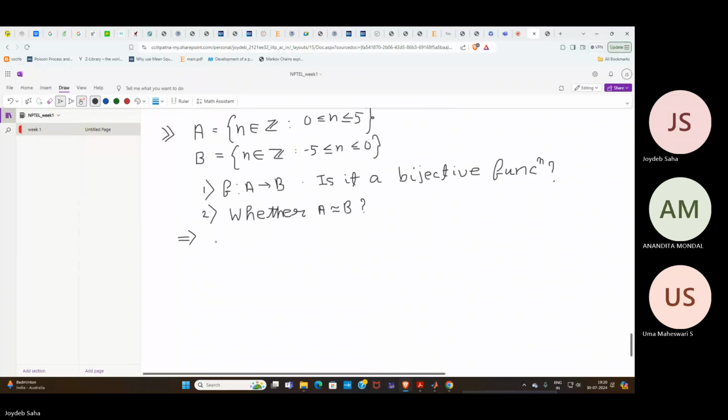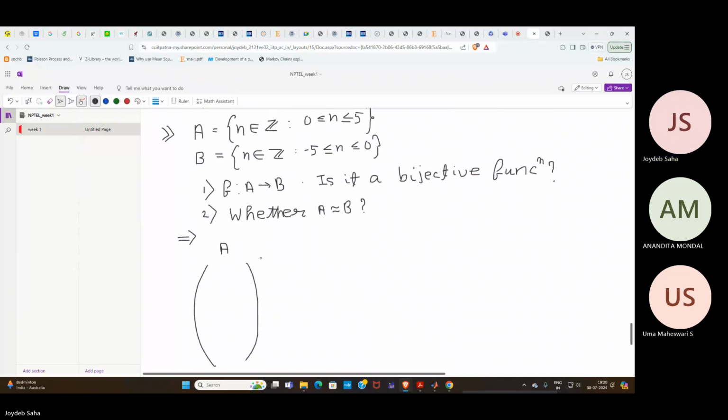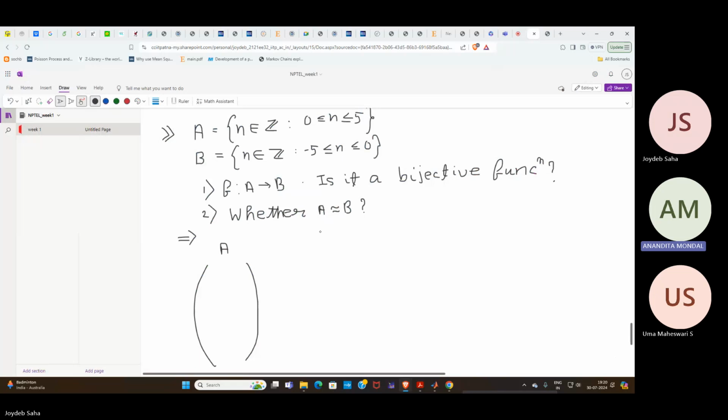So let's define A first. Now the first question, function A to B, whether it is a bijective function or not. Can you answer? Sir, if we use mod, then there is a bijection.